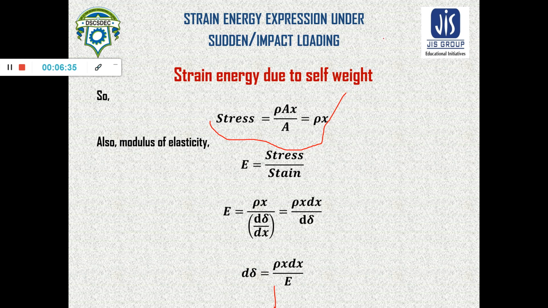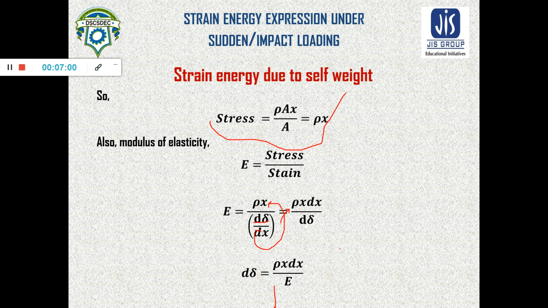Now we have calculated the stress as rho into x and the strain as d delta by dx. If we put these values here, we get E is equal to rho x dx by d delta.